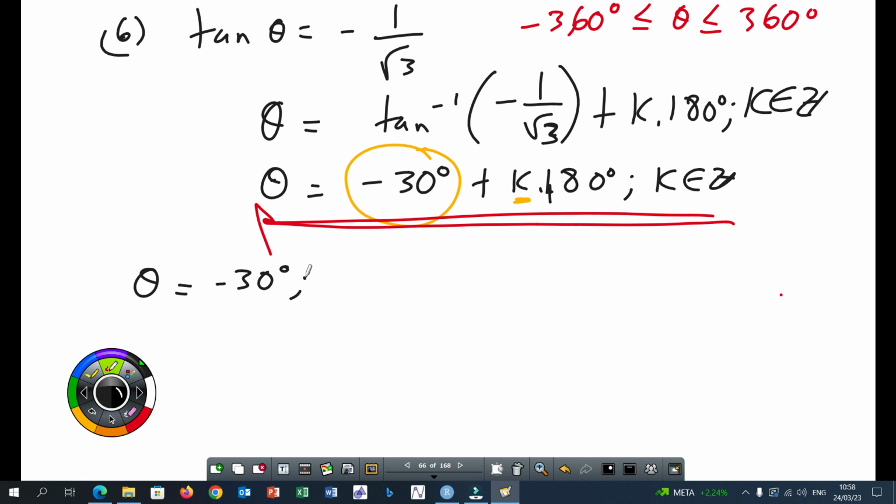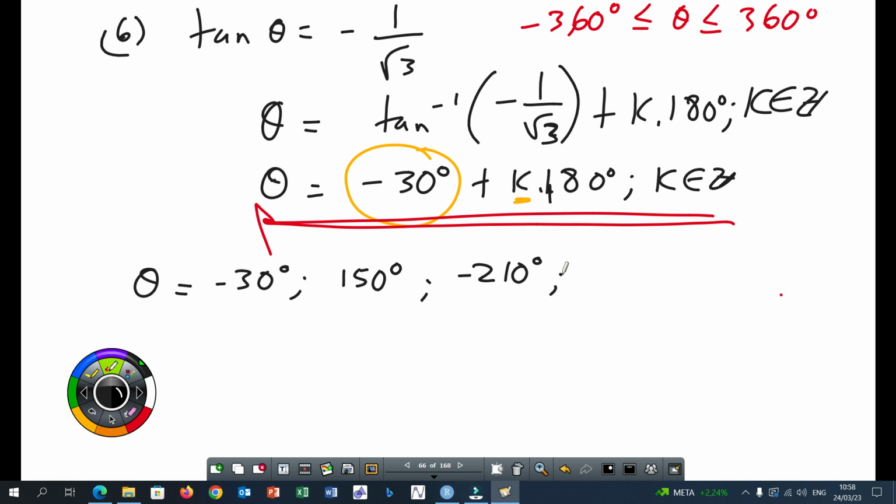Then k equal to 1 gives 180 plus minus 30, which is 150. And k equal to minus 1 gives minus 180 minus 30, which is minus 210.